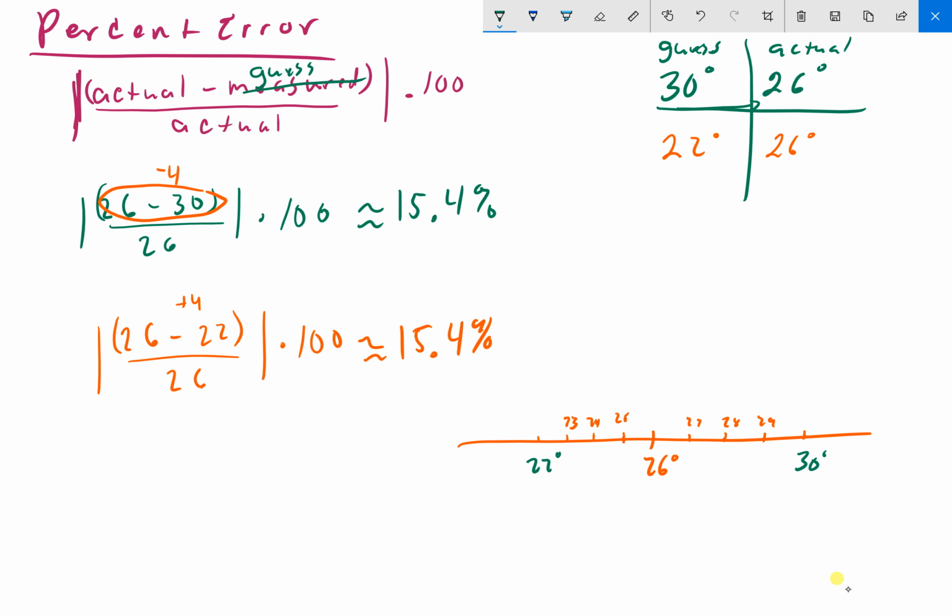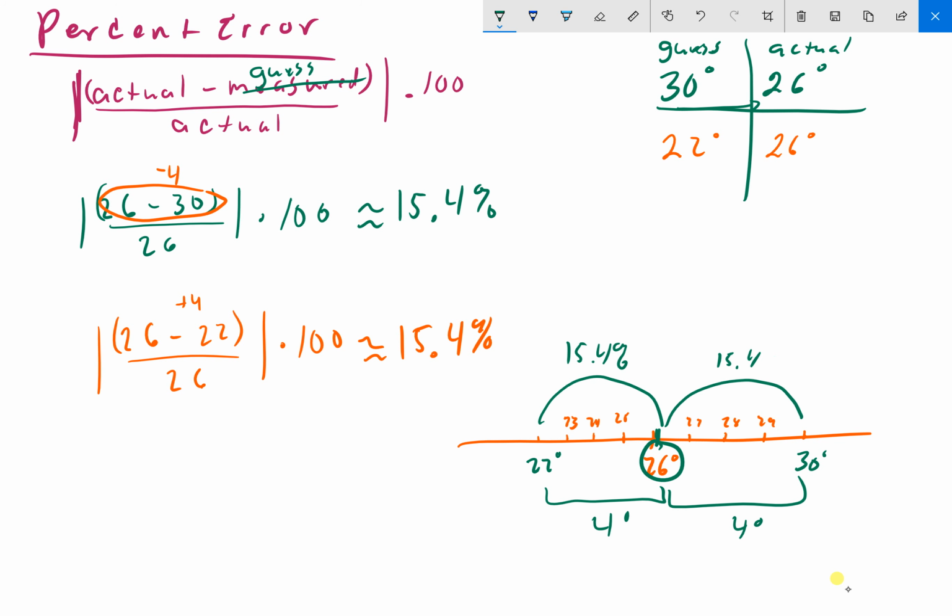If you'll notice, I was equally wrong when I overguessed by 4 degrees as when I underguessed by 4 degrees. However, the actual percent error is how far away I was from the actual amount, which was 26 degrees. So I was off by 15.4%, but here I'm also 15.4% off.